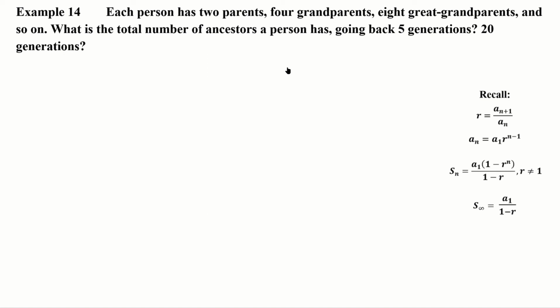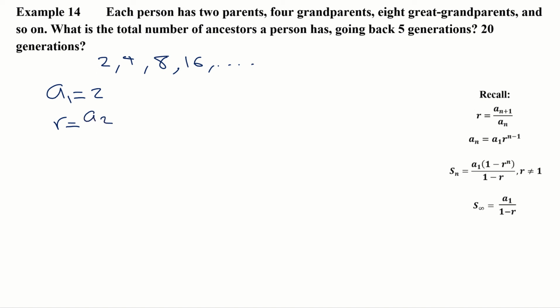Do we have a geometric sequence here? Let's see. What do the terms of this ancestral sequence look like? Well, we start with 2, and then 4, and then 8, 16, and so on. So we do have a geometric sequence. The first term is 2, a1, as is the common ratio, because you just divide a2 by a1.